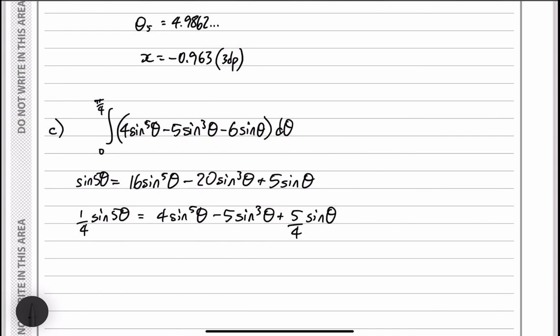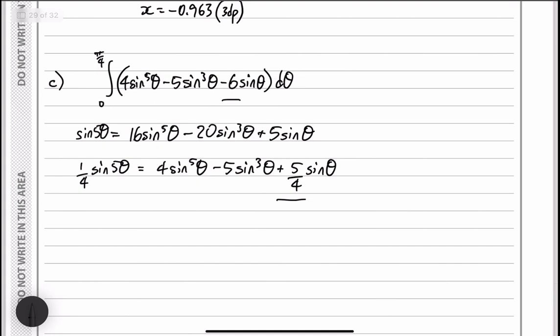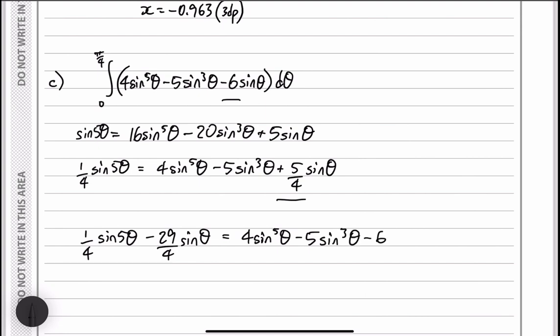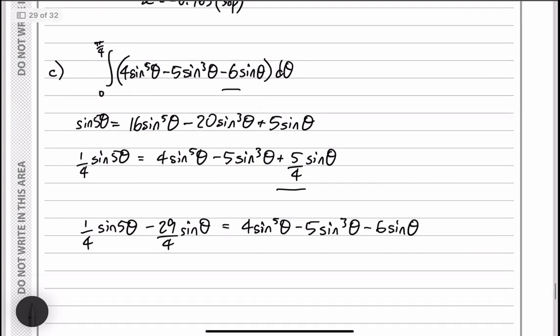Now that still doesn't match, but we are mostly there. To get our plus 5/4 sine theta into a minus 6 sine theta, I need to subtract 29/4 sine theta. So 1/4 of this minus 29/4 sine theta is equal to 4 sine^5 theta minus 5 sine cubed theta minus 6 sine theta, and that does match.